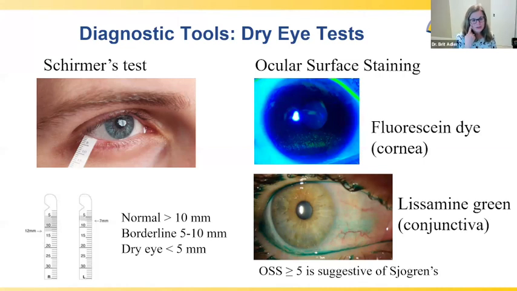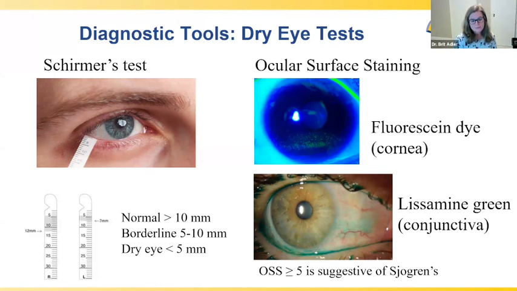This paper strip is kept in the eye for a total of 5 minutes, and we measure how much tears are produced. If there's more than 10 millimeters of tears on the strip after 5 minutes, that is considered normal. If there's less than 5 millimeters of tears on the strip after 5 minutes, that is considered to be dry eye. And then, of course, there's always the borderline measurement of 5 to 10 millimeters of tears.